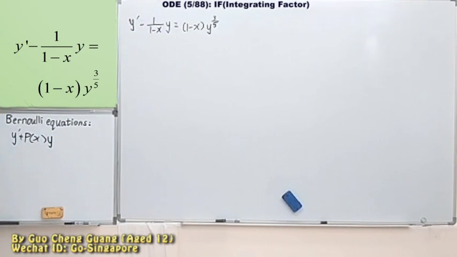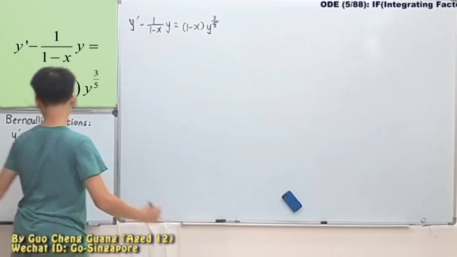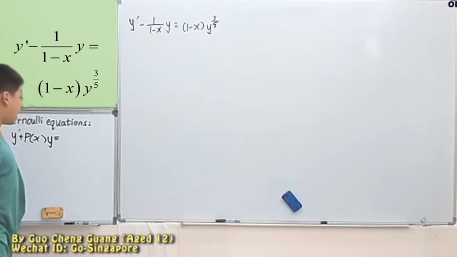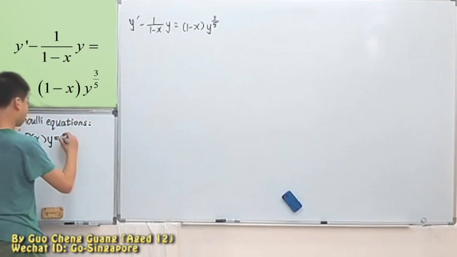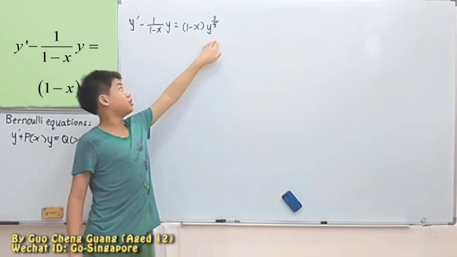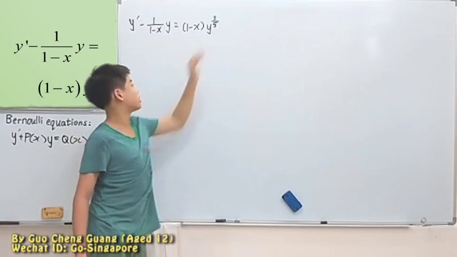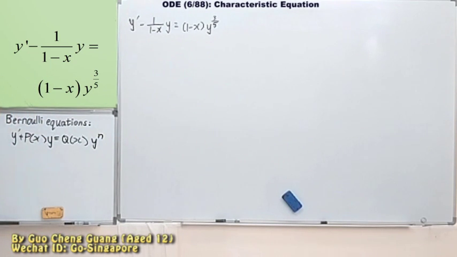Then you times y. Here you have this extra y. Then after that, you see another function of x, right? This is what we call q of x. But in this part, you have an extra y to the power of something. So we write it as y to the power of n. And this is what you get.